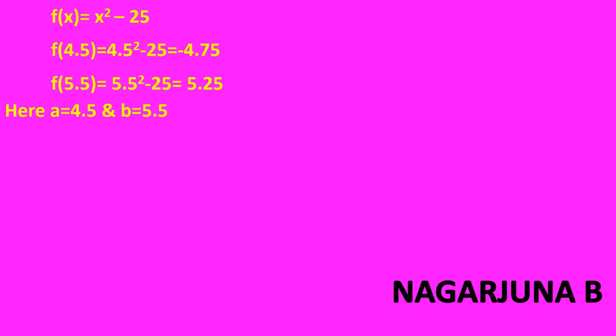So here, since we have got a negative value for 4.5 and a positive value for 5.5, we are considering a is equal to 4.5 and b is equal to 5.5.